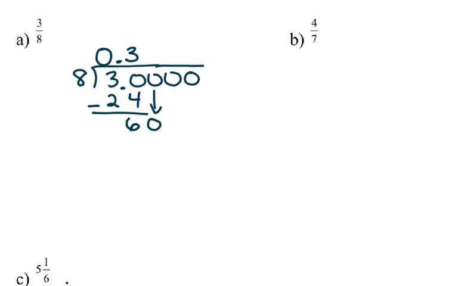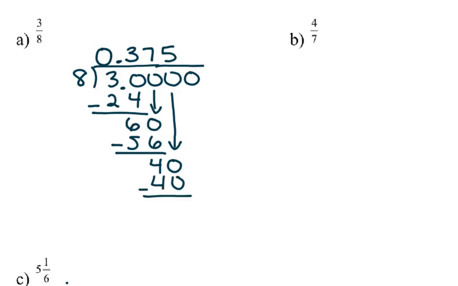60 divided by 8 is 7. 7 times 8 is 56. And subtract. 60 minus 56 is 4. Bring down the next 0. 40 divided by 8 divides evenly. 5. 5 times 8 is 40, and so we will have no remainder, and our problem is nearly complete.